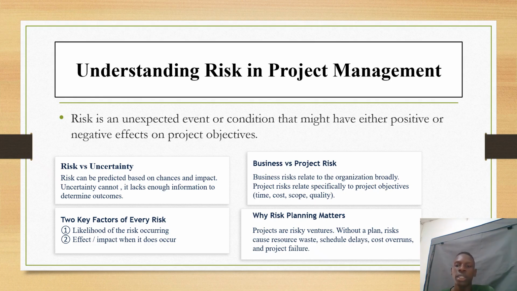A business risk, in case it occurs, affects the entire organization, whereas a project risk affects specific project objectives, which we can call time, cost, scope, and quality. That is the difference between those two.